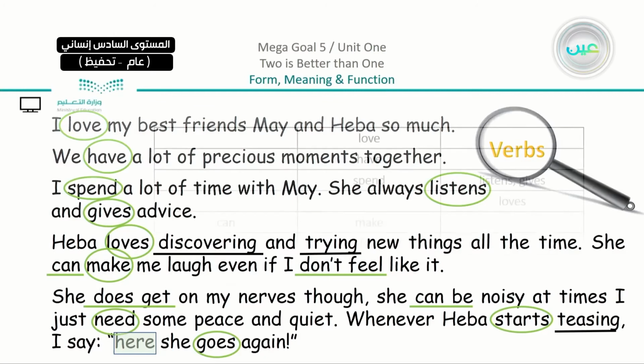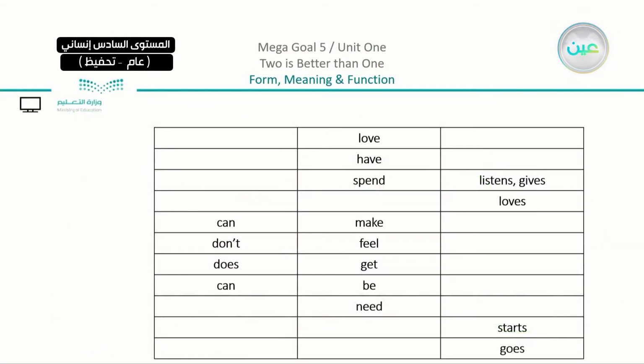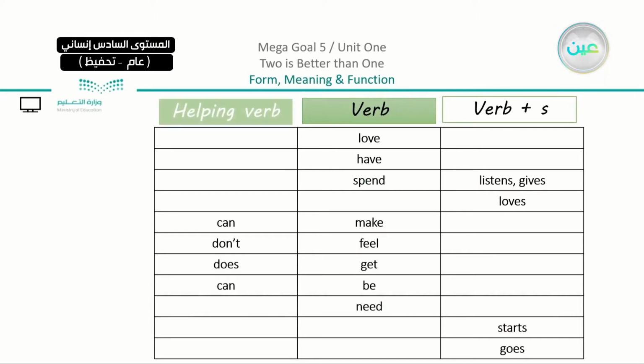So here, connecting the meaning with the kinds of verbs that we have, which we said are the verb and the verb plus S, you can see that we are talking about the present simple tense. And with the present simple tense, I can use a helping verb. Now, usually we use helping verbs when we want to give an extra meaning. So we can use it in negatives, like when we have here, don't feel.